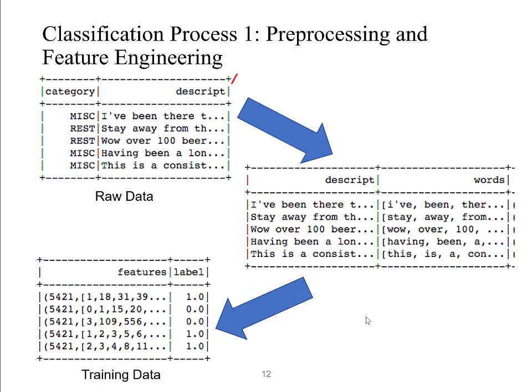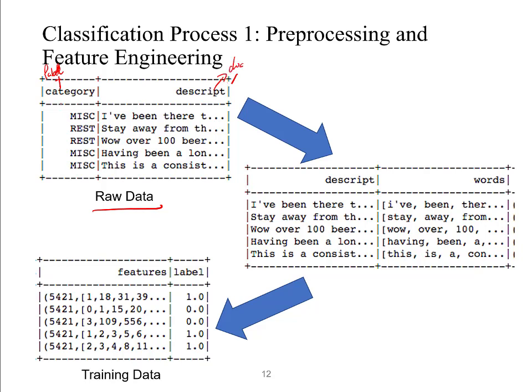Now let's look at this with an example. So this example is the same as in Lab 3, where Lab 3 will be released either Tuesday or Wednesday. But basically, for the raw data, we have the category, which is the label, and the description, which is just the document.